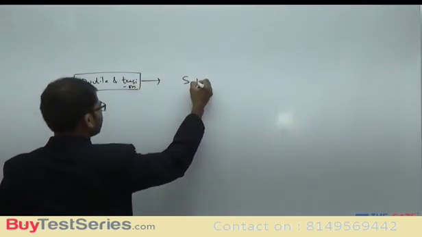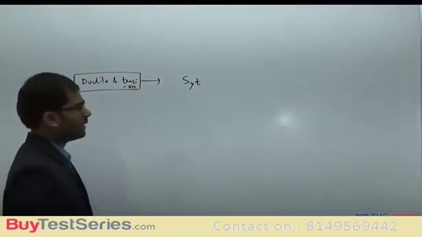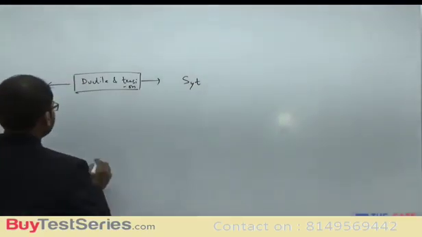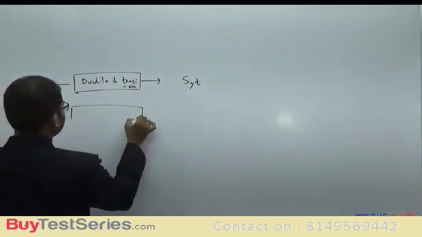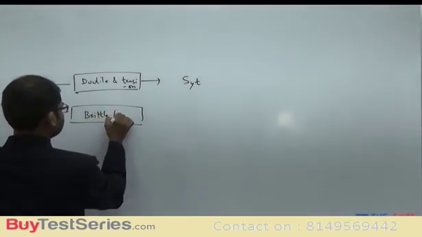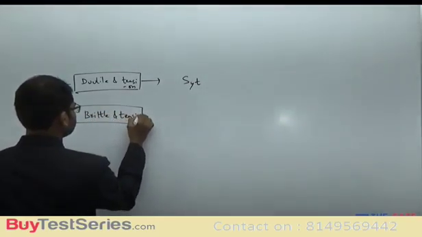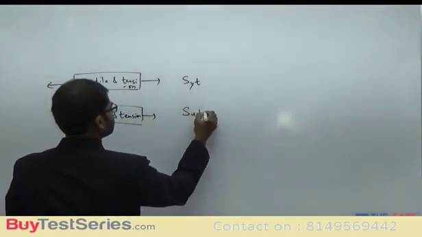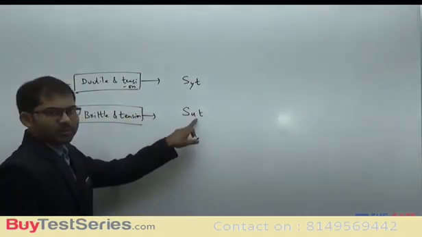So here it will correspond to yielding. The yield point I will denote by SYT. Now the second one, I can have a brittle material in tension. The denotation is SUT, because fracture happens at the ultimate point.